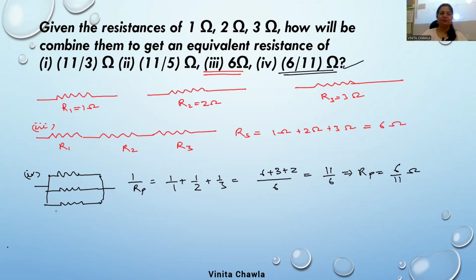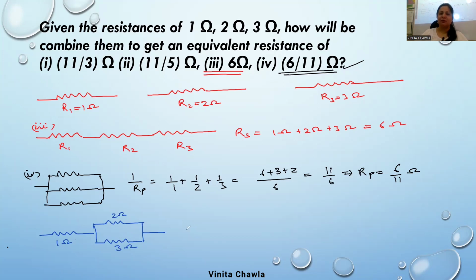Next, what if I connect one resistor in series and 2 in parallel? You can take any randomly. Okay, 1 and what will you do? If we put 2 and 3 in parallel, let's see.